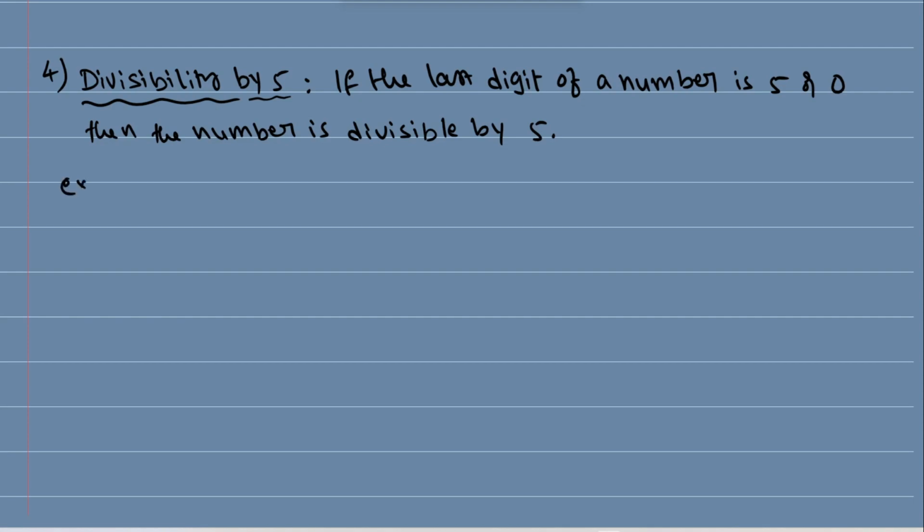Let's take an example, 200 and 425. The last digit is 0 or 5, so these two are divisible.